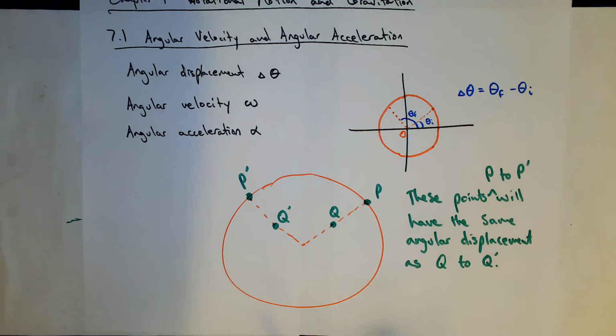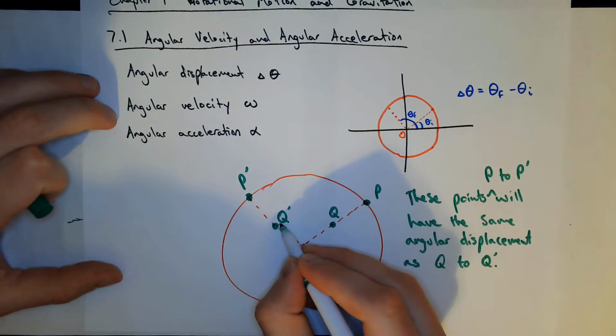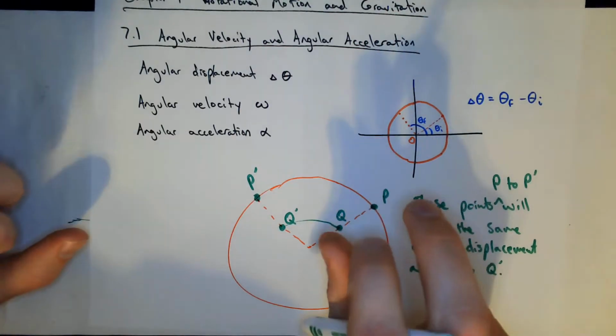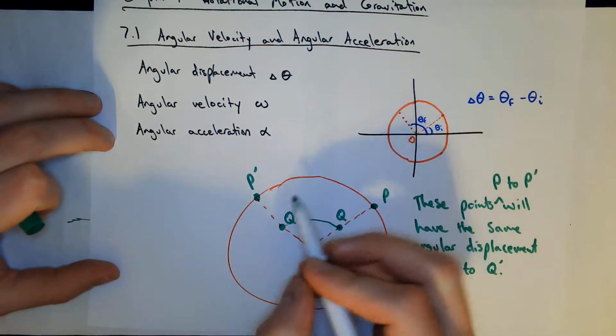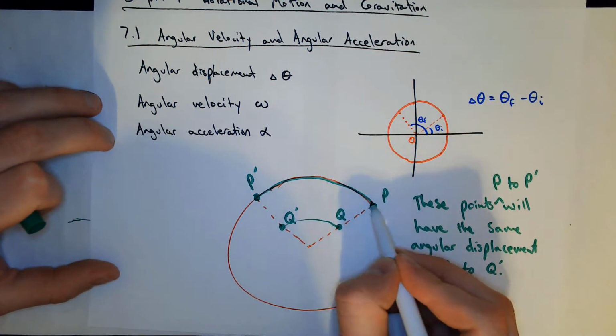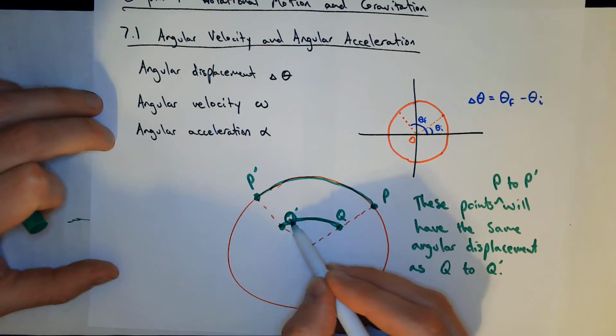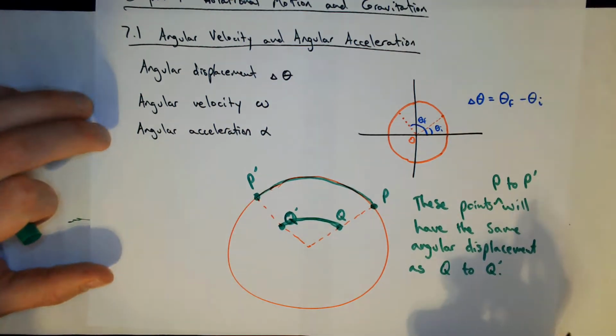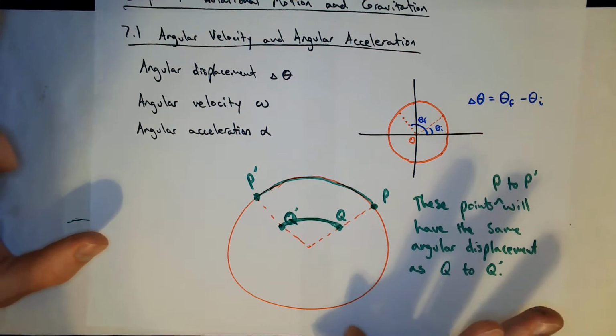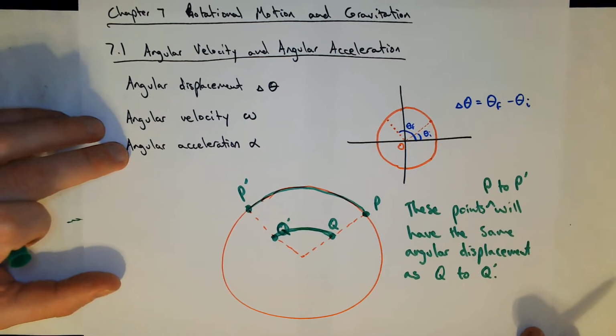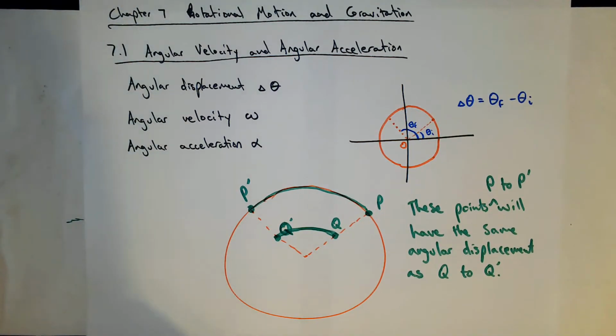So this angular displacement is the same as this angular displacement, which seems very strange. If you're okay with that, then that's good. But if that kind of gives you pause, you might stop and say, well, but the point P is traveling a farther distance.